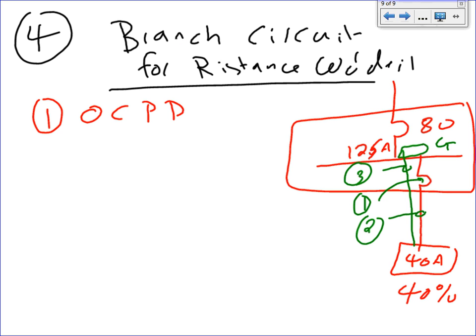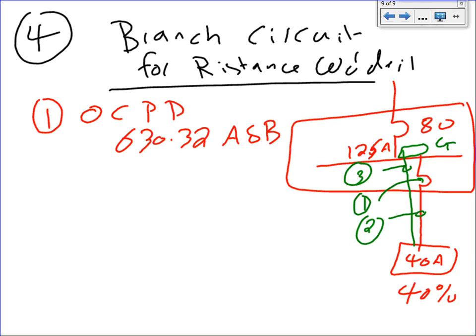To help me with this, I want you guys to go and read this article, 630.32A, and also A and B. But in particular A, 630.32A, it says overcurrent protection device shall be provided for welders.